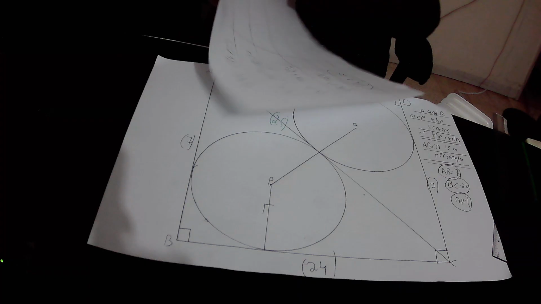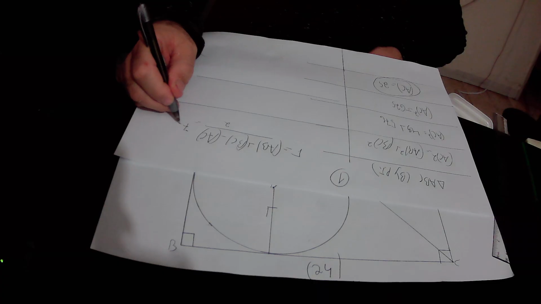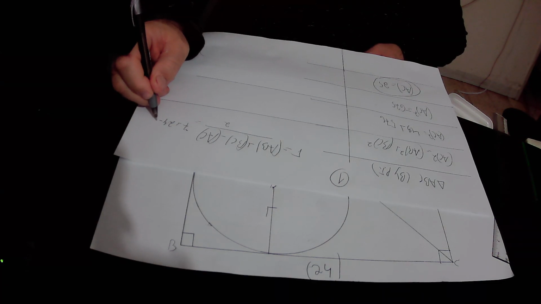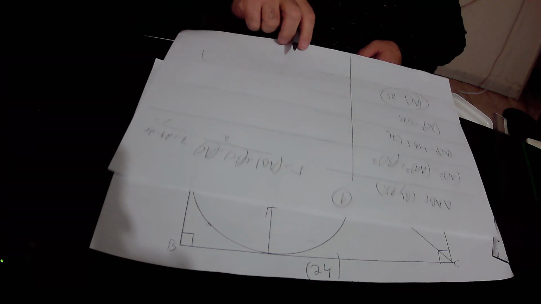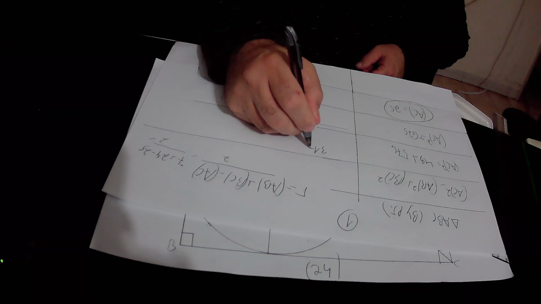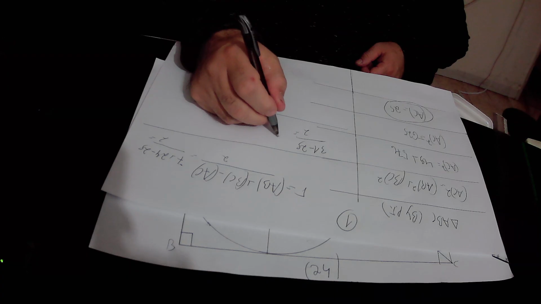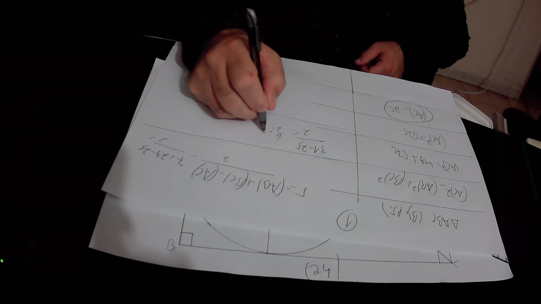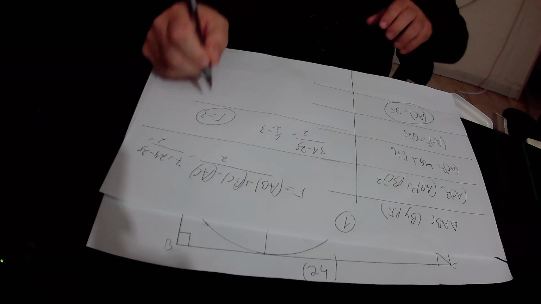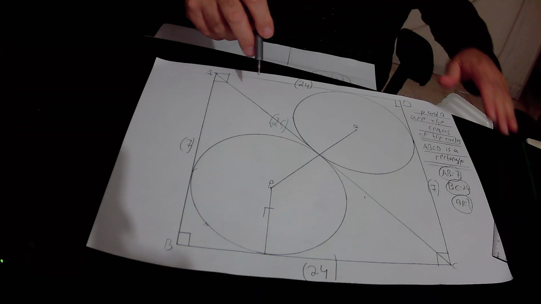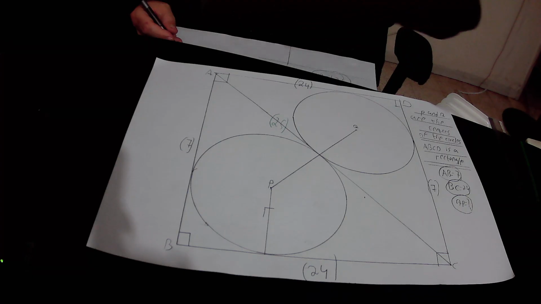So the radius R is equal to AB, that is 7, plus BC, that is 24, minus AC, that is 25, over 2. 7 plus 24 is 31, minus 25 is 6, and 6 over 2 is 3. So finally we found that the radius R of this circle, blocked by the right triangle ABC, equals 3 units.